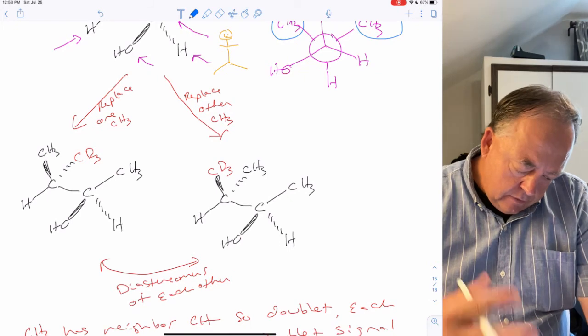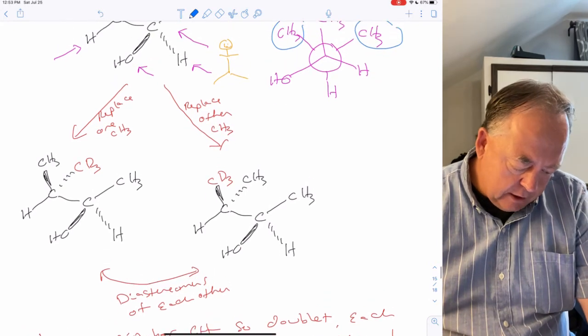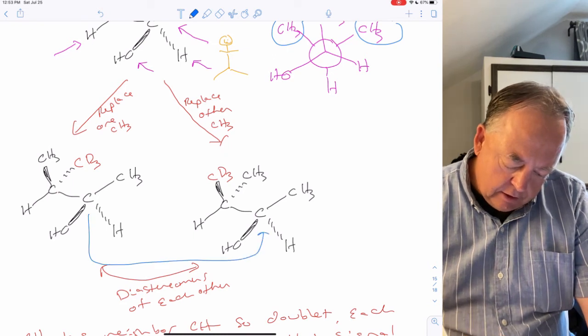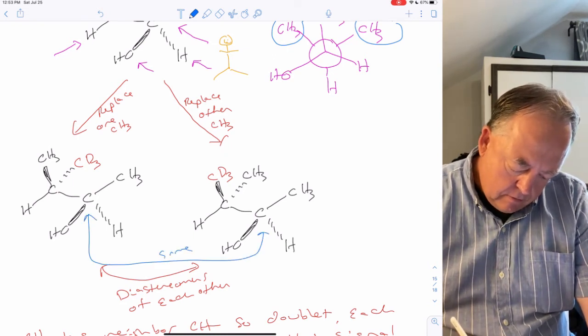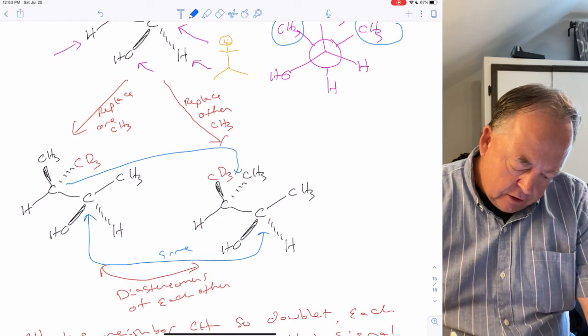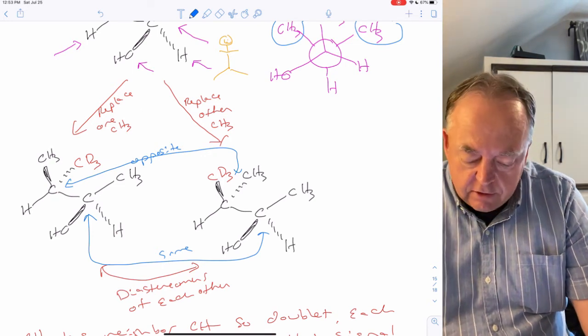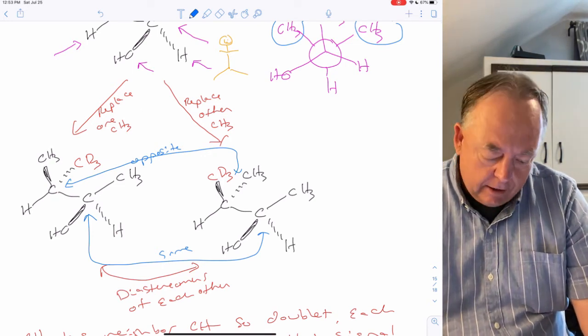You can see that they're diastereotopic if we replace the CH3 with the CD3, and if we compare these two molecules, this is the same, but this chiral center is now opposite. So that's now a chiral center, so those are diastereotopic methyl groups.